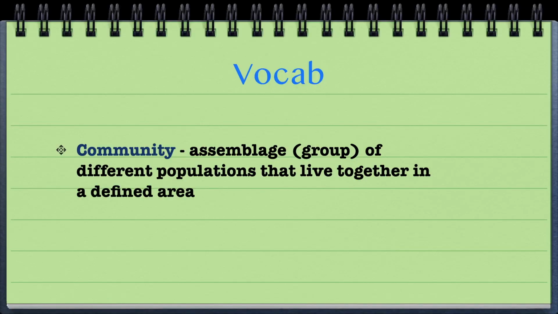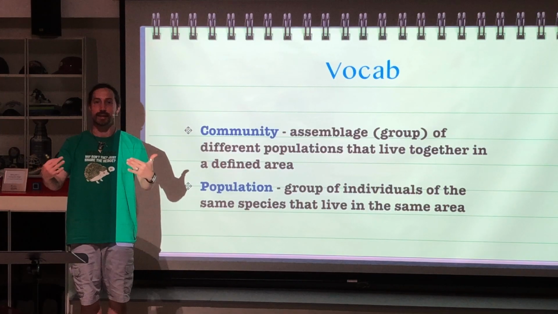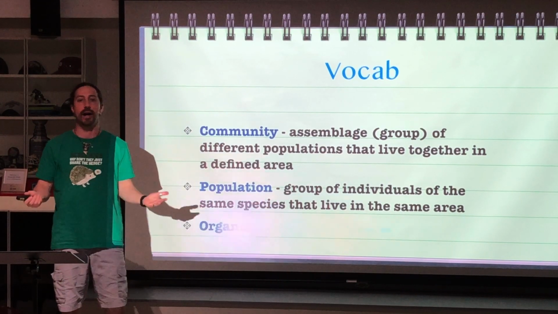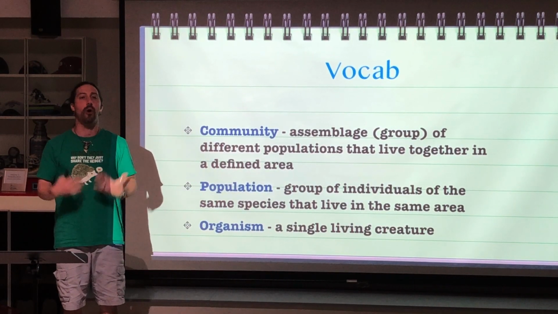A community is the assemblage, or a grouping, I just use that word because I like it, okay, of organisms that happen to be in a specific place. Next, you have a population. That's a grouping of organisms all of the same species. And lastly, you have the specific organism, the living entity, all on its own.